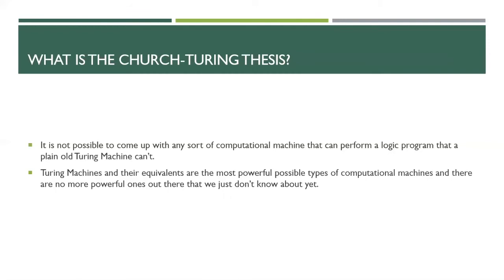Which means that Turing machines and their equivalents are the most powerful possible type of computational machines, and there are no more powerful ones out there that we just don't know about yet. Okay, that is the Church-Turing thesis, which is a scientific theory. It's not a mathematical proof, but that is our current best theory on computation. Does that make sense? Yeah, it does.